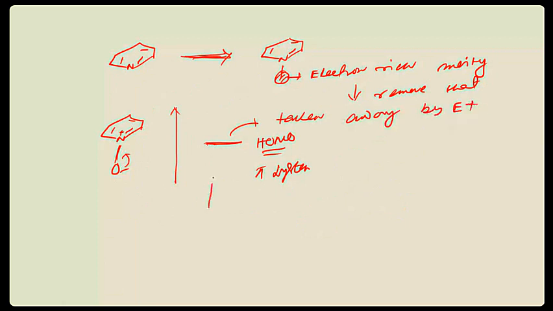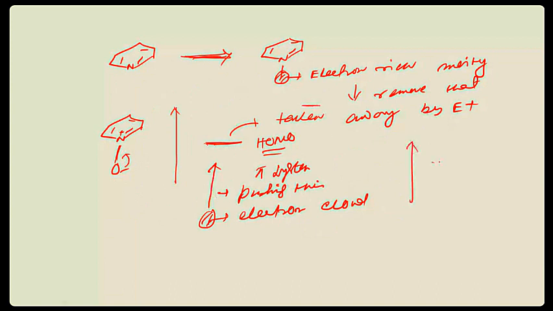So if you push this electron by some other electron cloud, and we are pushing this, then what will happen? Its energy will increase. So let us write clearly, it's a HOMO. Now upon electron pushing, this HOMO will reach here. Means the reactivity will increase.